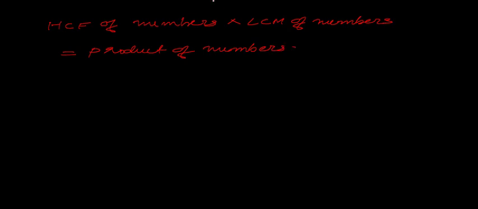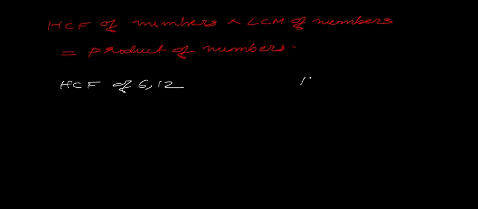We can prove this through an example. Let us take a case. Find the HCF of 6 and 12. As we studied in the previous class, we can use the division method to find the HCF of these two numbers.